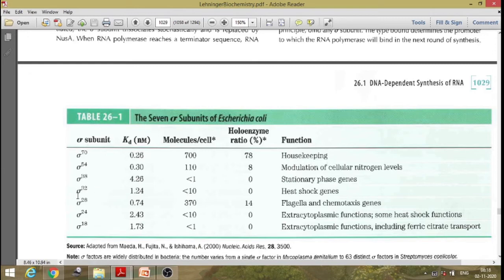Likewise, sigma 32 would help in binding of RNA polymerase to the heat shock genes, which are expressed in heat stress.